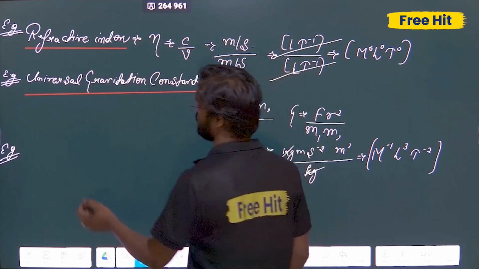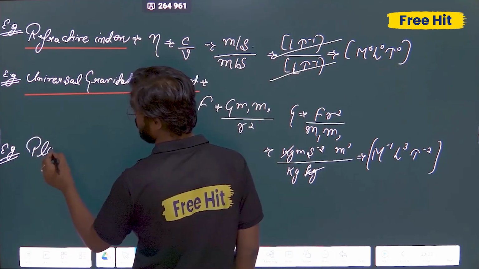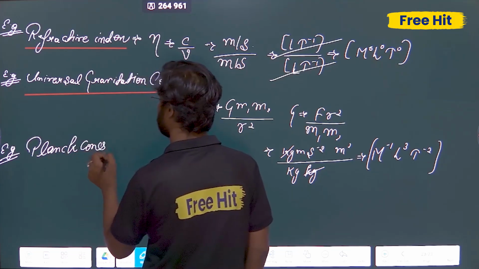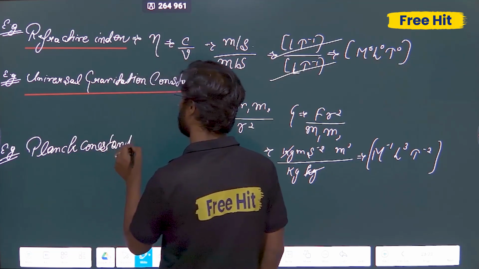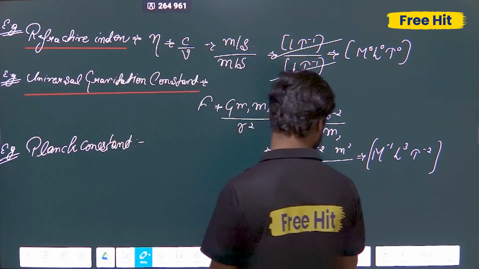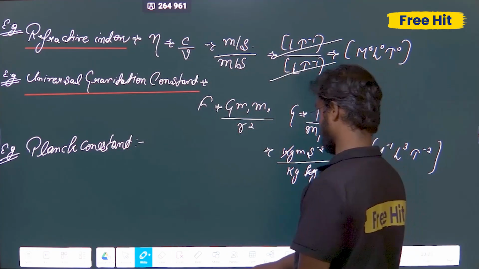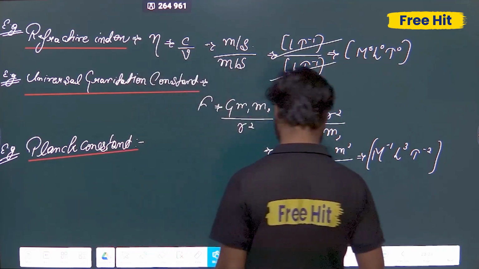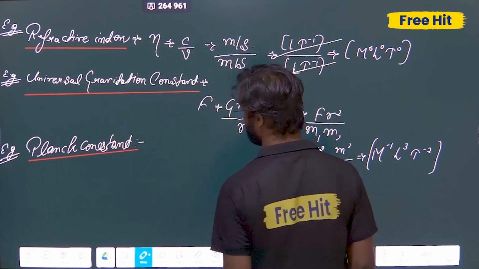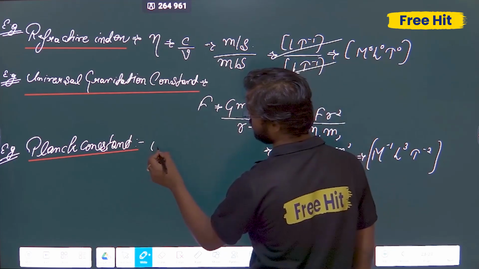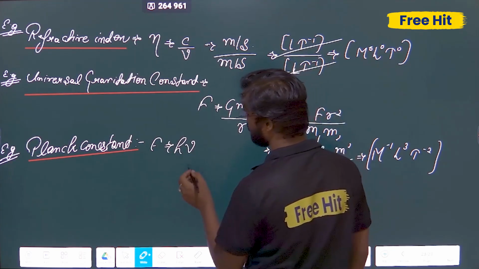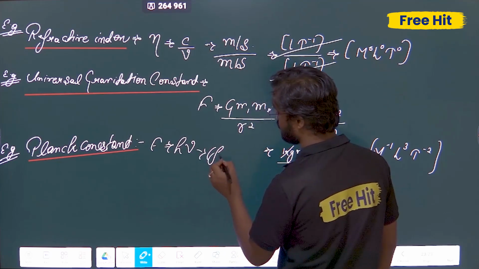Now next example, let's take one more example. Let's take Planck's constant. So we know energy is equal to H into mu, where mu is the frequency.